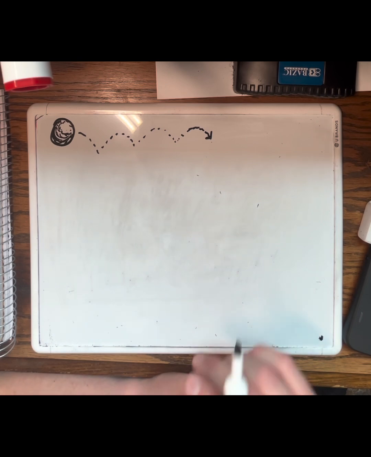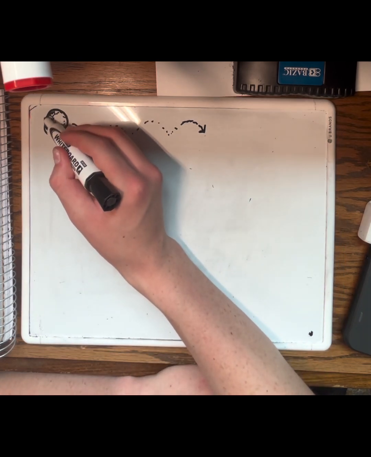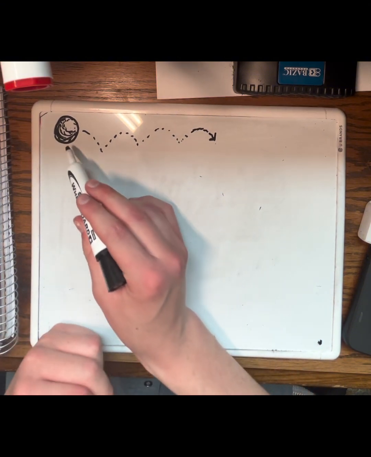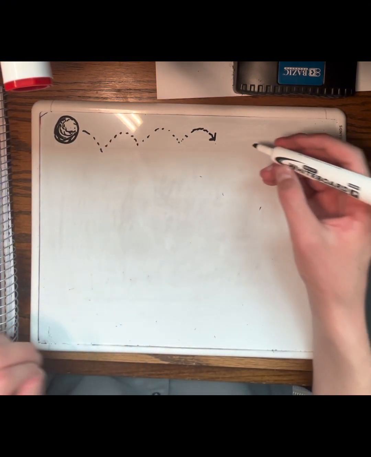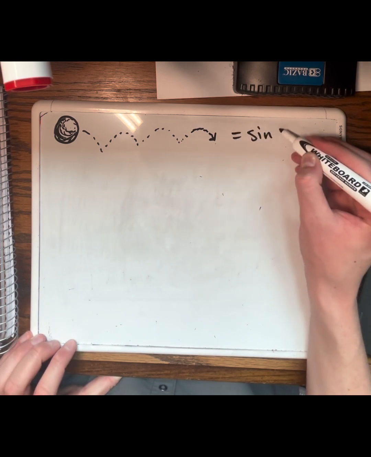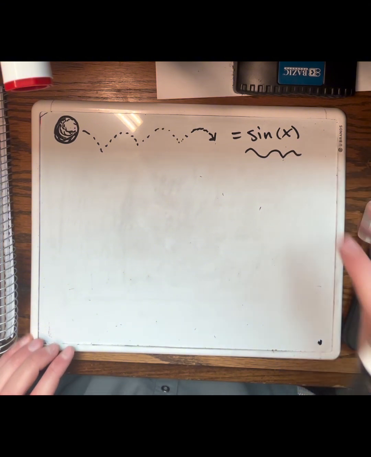So for this next example, we're actually going to talk about something an animator would use. Say you had a ball and you're trying to animate it bouncing along. Maybe one way you could do this is with sine of x, oscillating, it'd be good.